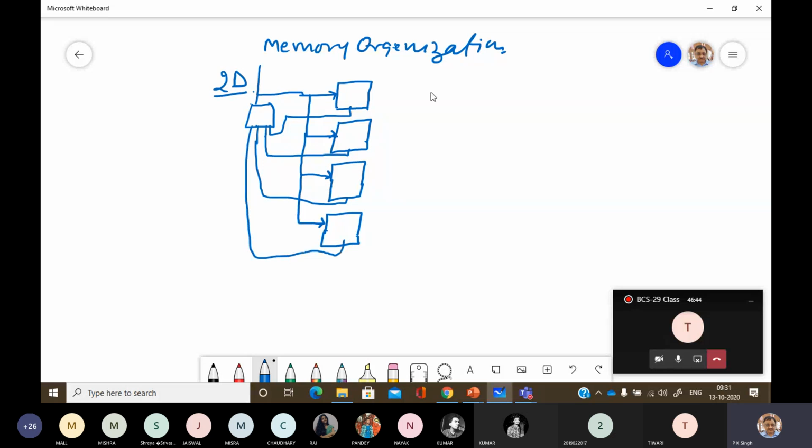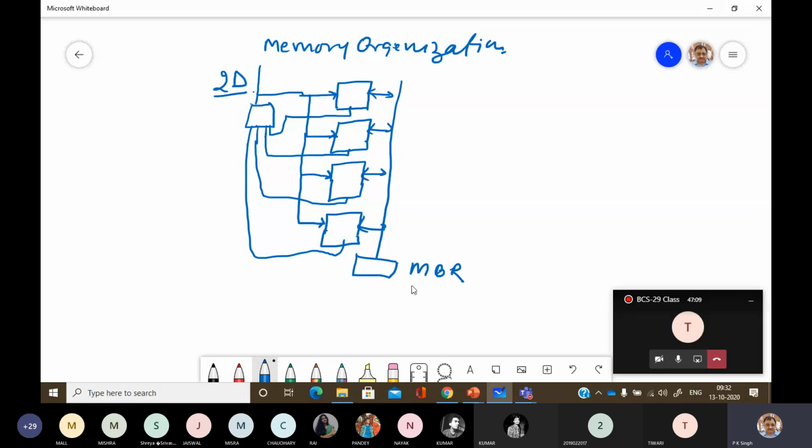Like this. And the data bus is connected with the internal data bus of the memory. This is the internal data bus, which is connected with the memory buffer register.